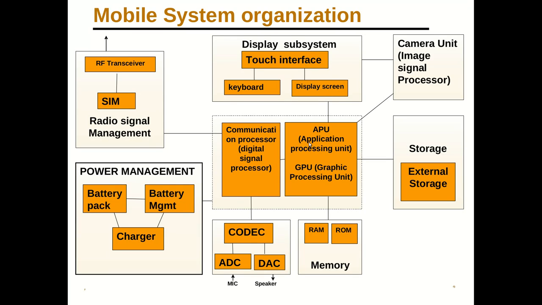Another one is the APU. APU means application processing unit. For example, if you open Facebook or WhatsApp or other gaming application on your system, the APU is responsible for processing the application related data, and GPU is graphic processing unit.